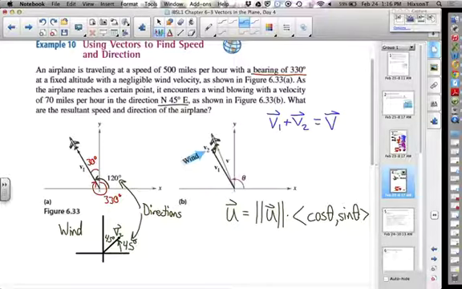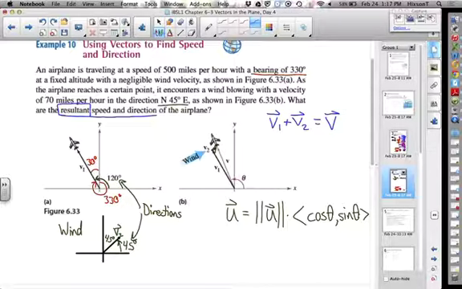Alright, now, why am I talking about finding component vectors? Well, that's because in the problem, they're asking for the resultant speed and direction. And anytime you see this word resultant, what should come to mind? Adding two component vectors.